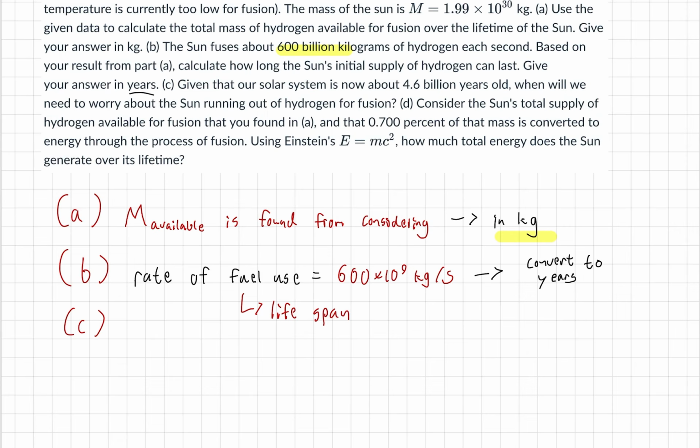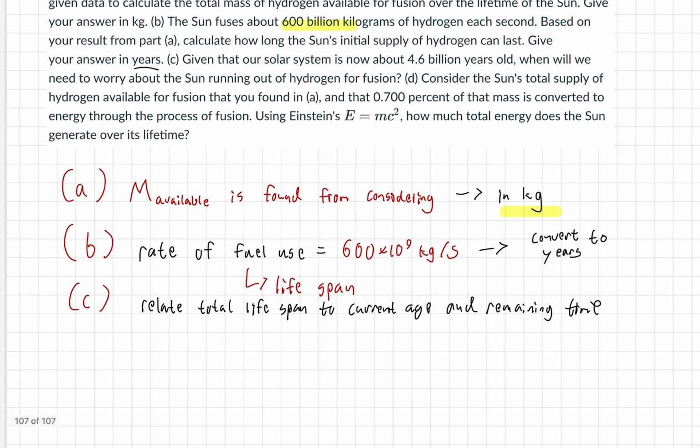They're simply going to relate the total lifespan to the current age and the remaining time. And what's being asked for is, of course, the remaining time.